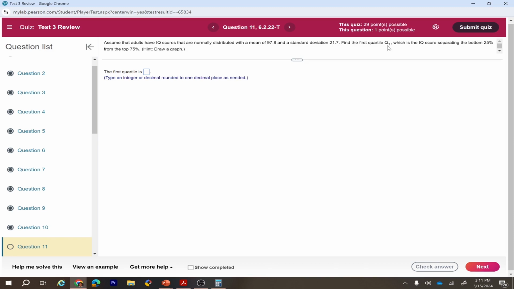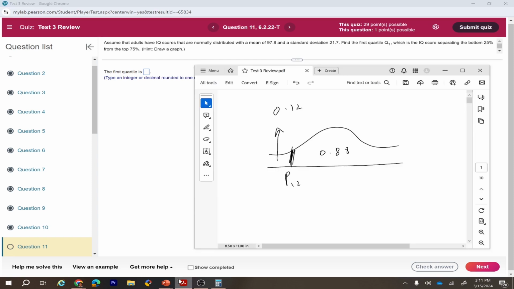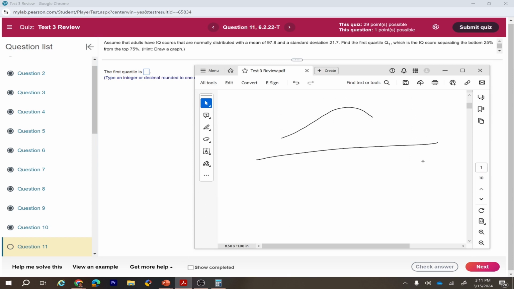The area under the curve to the left side is 0.25. So this is a normal distribution, the mean is 97.8, the standard deviation is 21.7, and for the first quartile the area under the curve to the left side is 0.25. That's the value we would like to find.